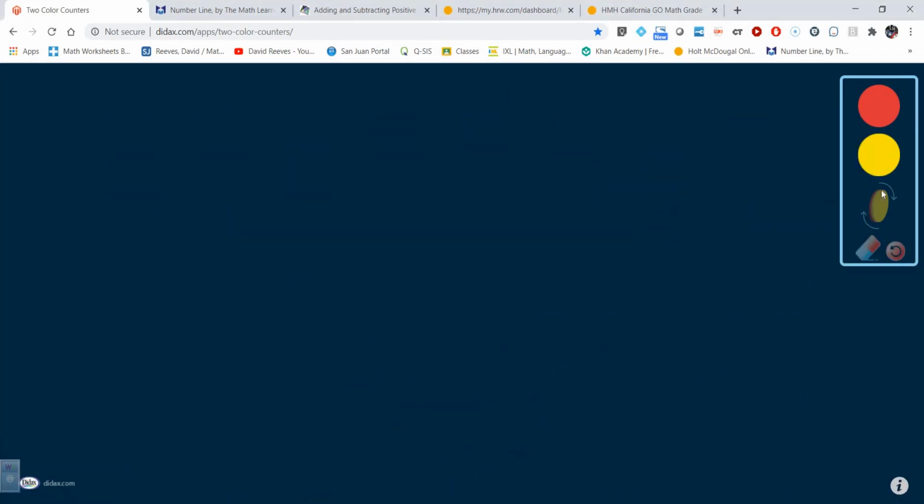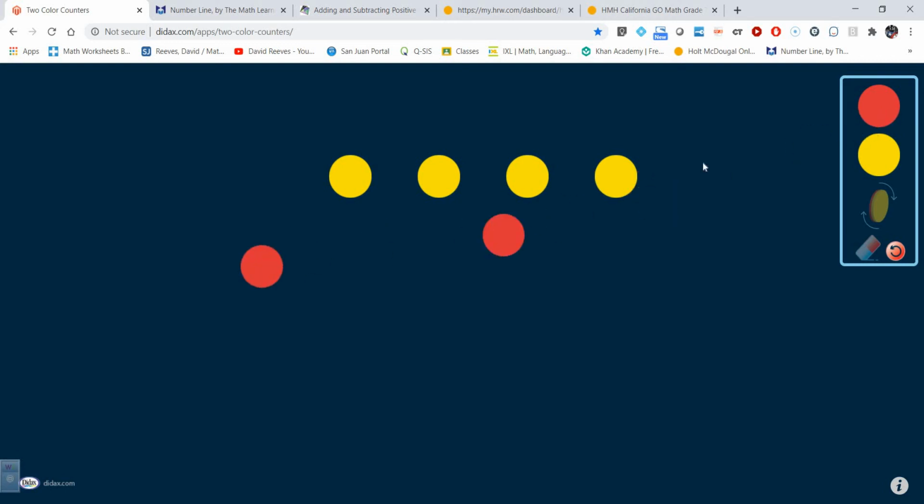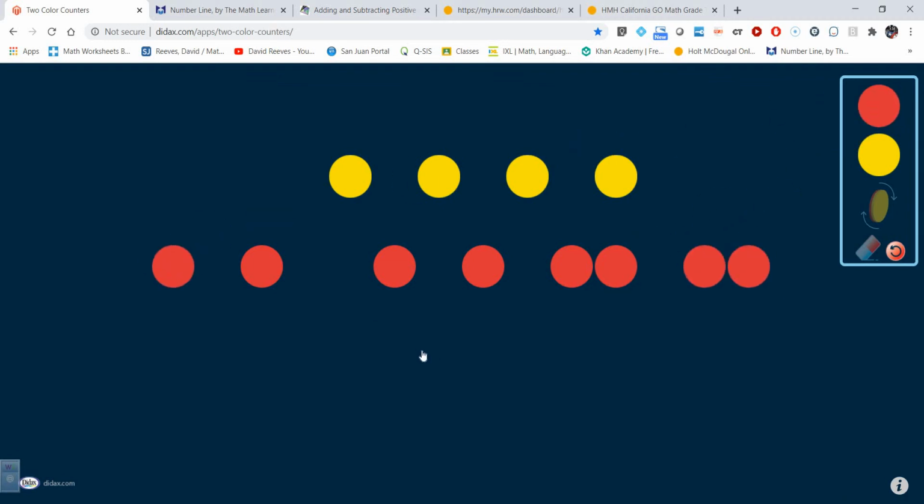Okay, let's clear all that out. Again, if I put some positives out here, 1, 2, 3, 4, and then I put out some negatives, 1, 2, 3, 4, 5, 6, 7, 8. Okay, well, just by looking, what do I have more of?